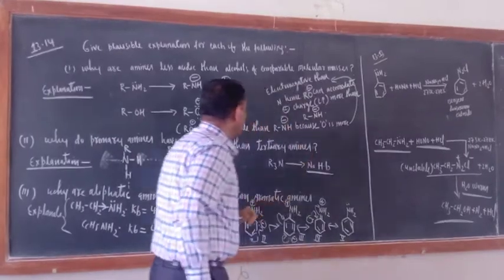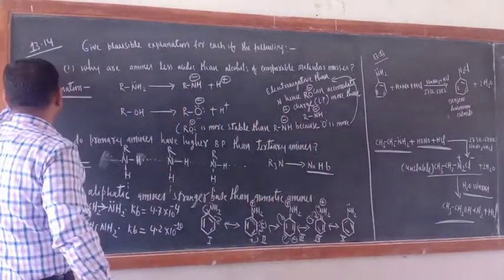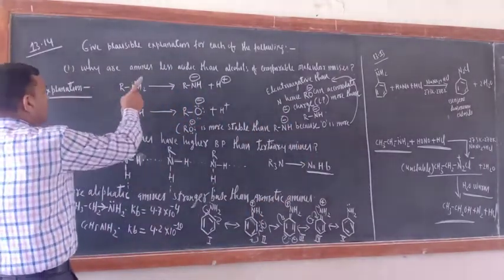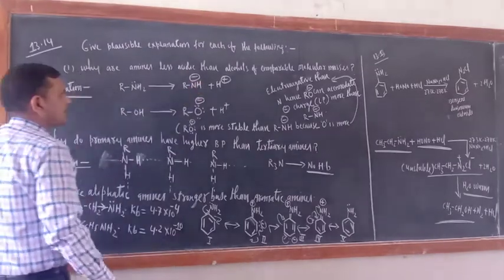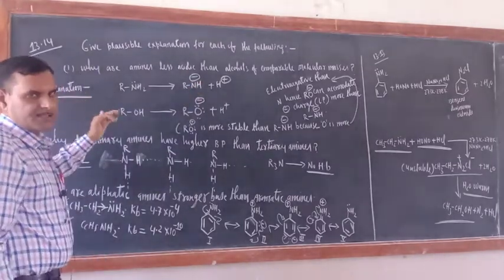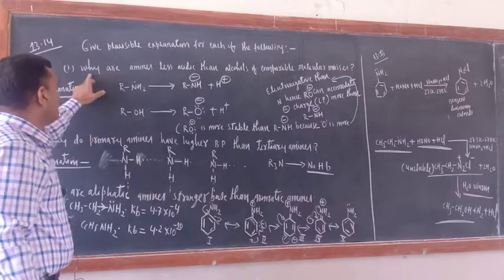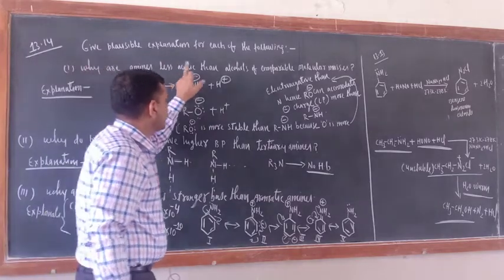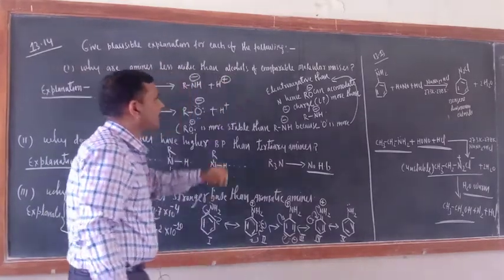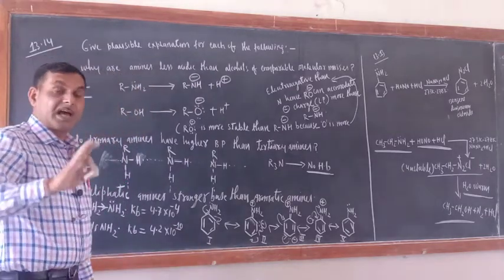Okay, now let us come back to this question 13.14. Give plausible explanation for each of the following. Plausible means reasonable explanation. Why are amines less acidic than alcohol of comparable molecular mass? Okay, acidic nature.